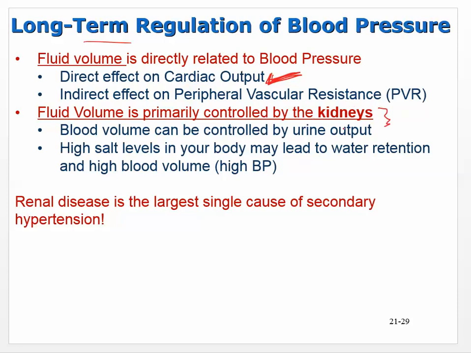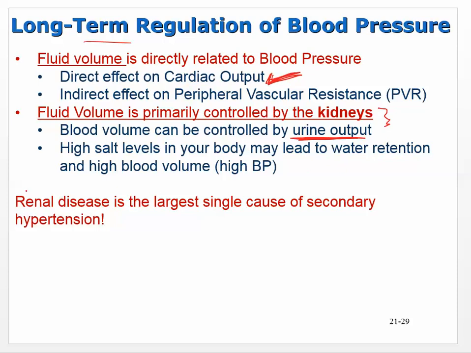Blood volume can be controlled by urine output. So the more urine you produce, then the lower the fluid volume, and so the lower the pressure. High salt levels, you're going to retain water more. Okay, so that's why, if you have a heart patient, you want to reduce salt levels, because that's going to cause an increase in water retention, which is going to be an increase in blood pressure.